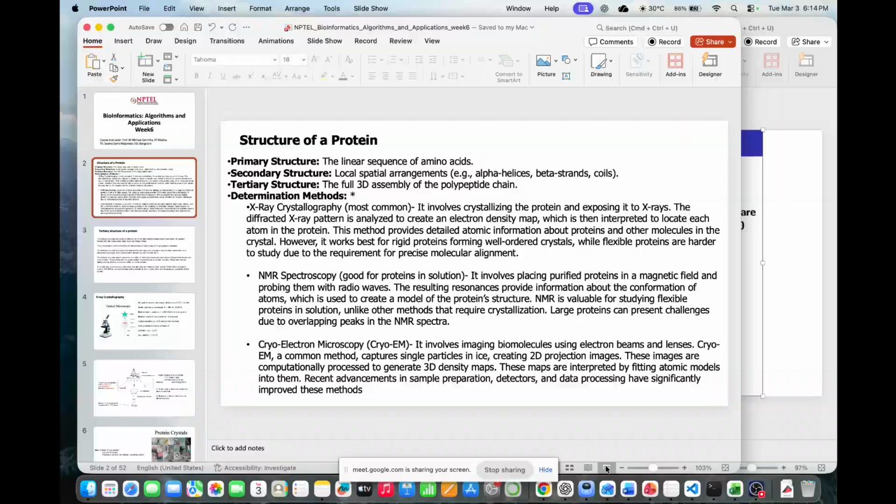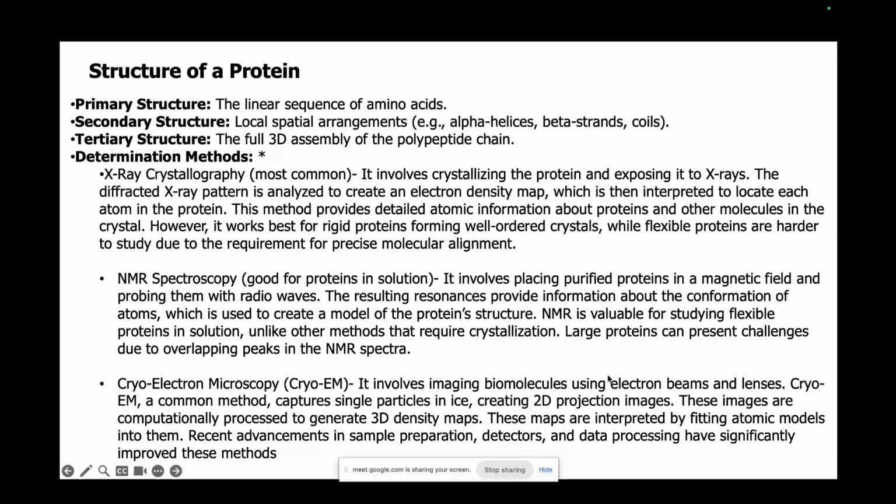There are various ways of crystallizing a particular molecule or compound. In some cases it is difficult, but in most cases it is not very difficult to do that.